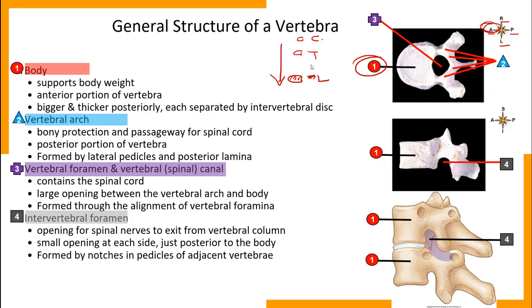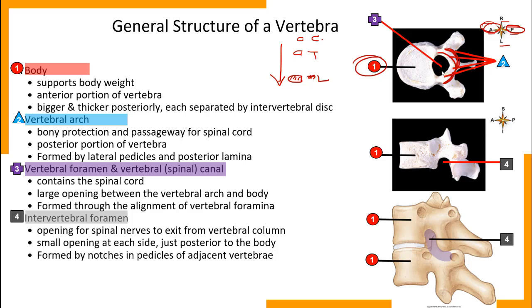The other component of the vertebrae is the vertebral arch. So this is the vertebral arch over here, right? It's in the back, the posterior section of the vertebrae, and it acts to protect the passage for the spinal cord.